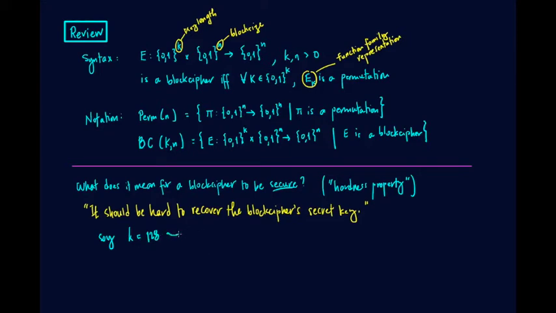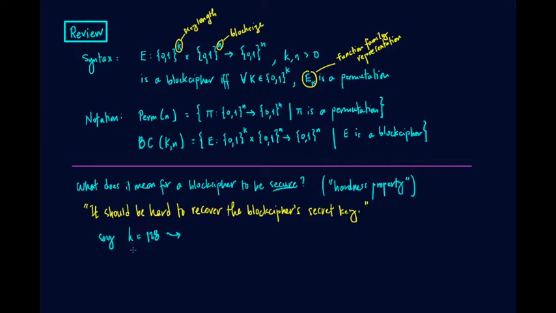Then what's the probability of just guessing, before you even interact at all with the block cipher, seeing any plaintext-ciphertext pairs? What's the probability of guessing the key? Well, let's say that the key is picked uniformly from the set.